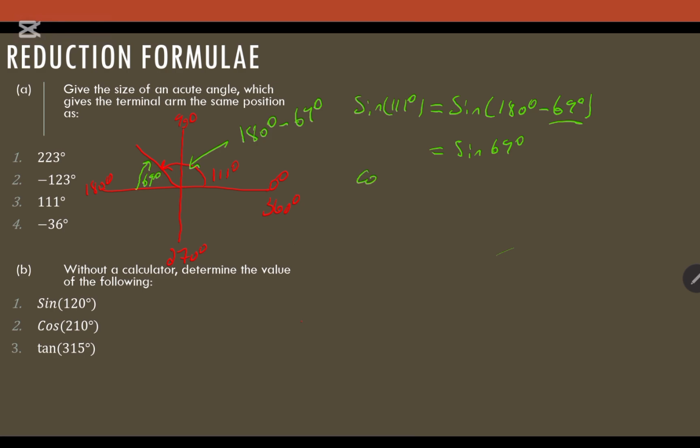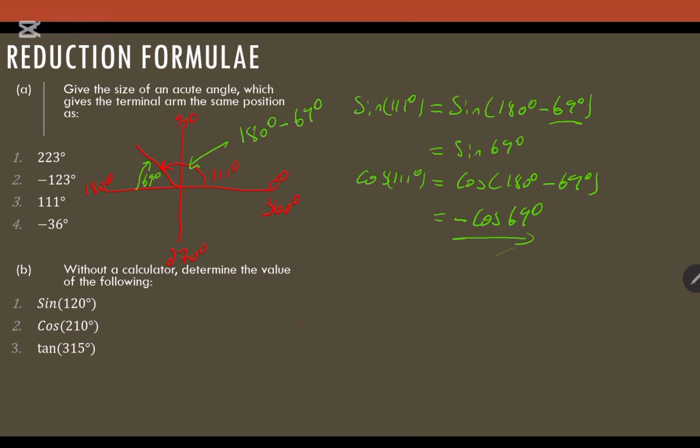Let us look at cos of 111 degrees. Cos of 111 degrees will still be cos of 180 degrees minus 69 degrees. Therefore, it is in the second quadrant. In the second quadrant, only sine is positive. Therefore, this is negative cos 69 degrees.